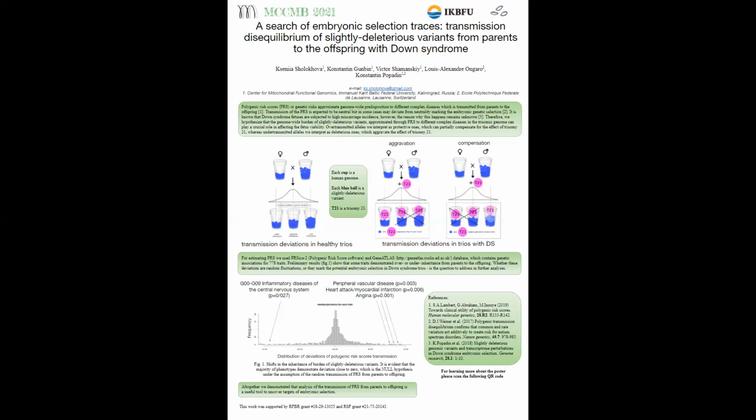Whether those deviations are random fluctuations or they mark potential embryonic selection in Down syndrome trios is the question to address in the further analysis.